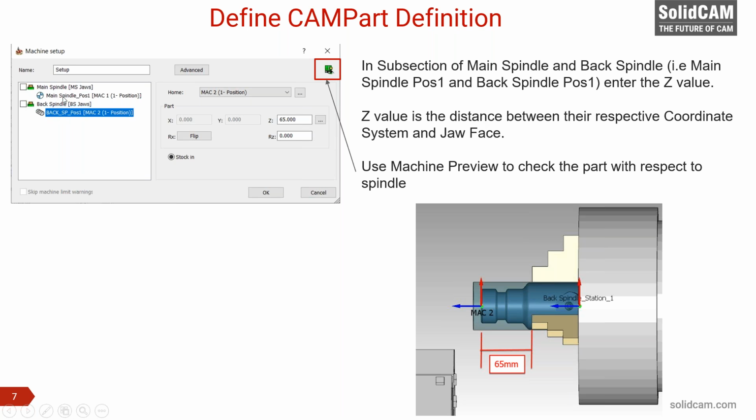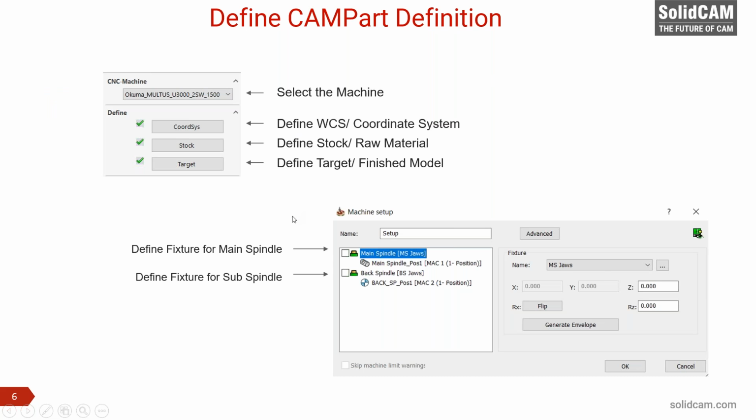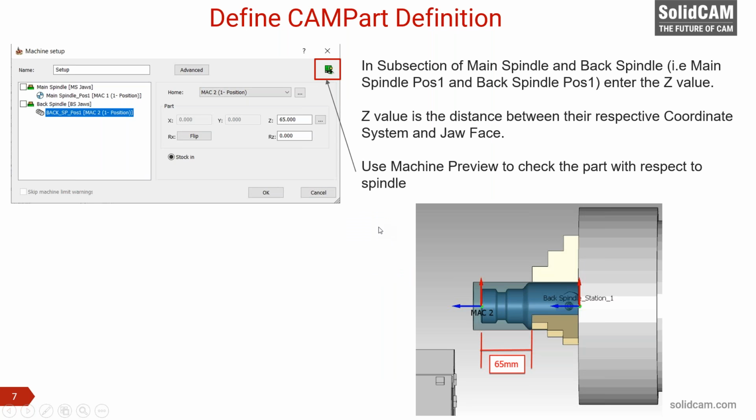Here in the subsections, we define the part holdout from the spindle. These two options are very important for Millturn, because if you don't define this correctly, your part transfer or your setup will not work properly. So we will look at this.